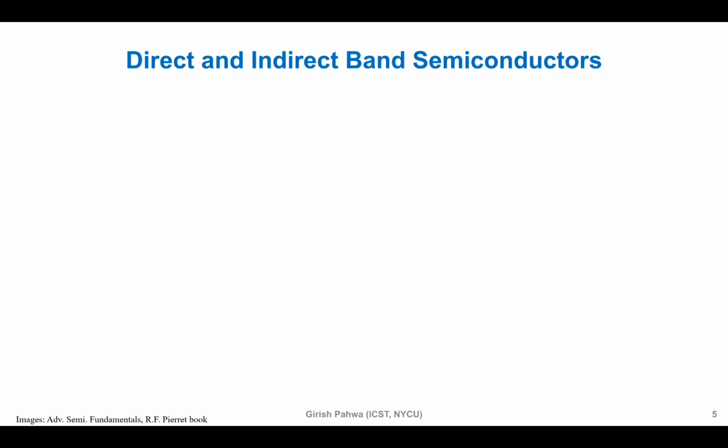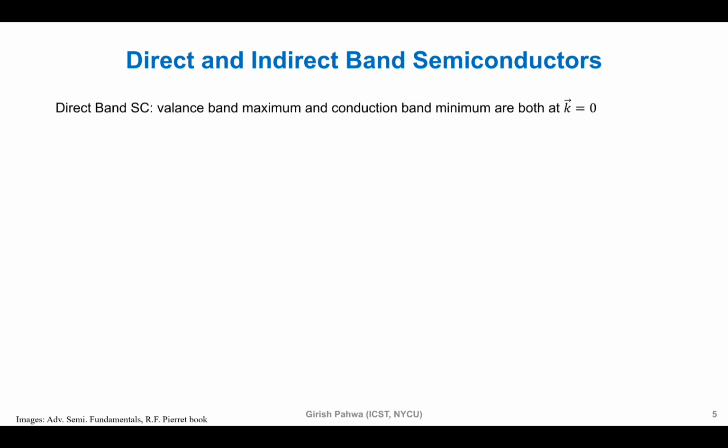Okay, let's start. So let's talk about direct and indirect band semiconductors. We have already seen it at that time, but we did not discuss that in detail. So what is a direct band semiconductor? Direct band semiconductor means you have the conduction band and the valence band, and the conduction band minimum and the valence band maximum are both at the same value of the wave vector, k equal to 0.